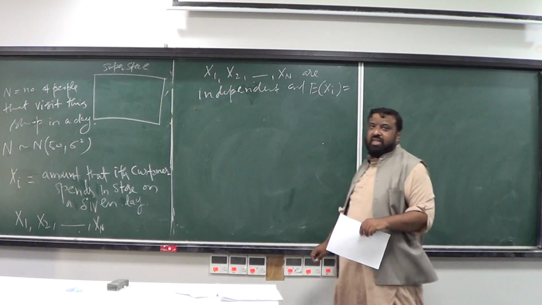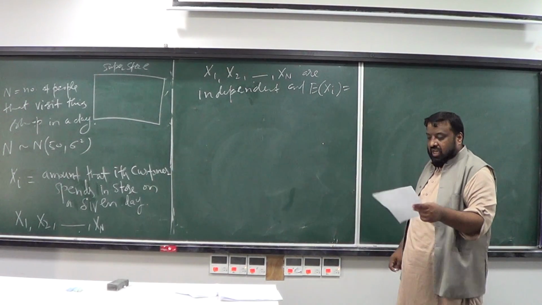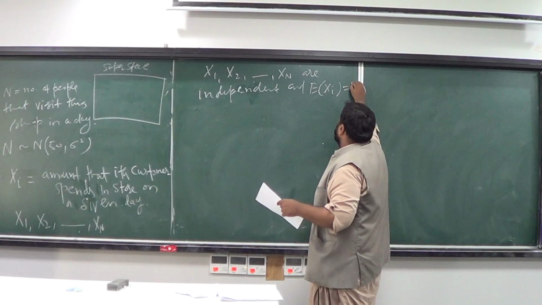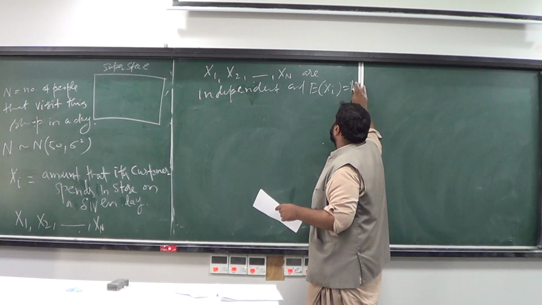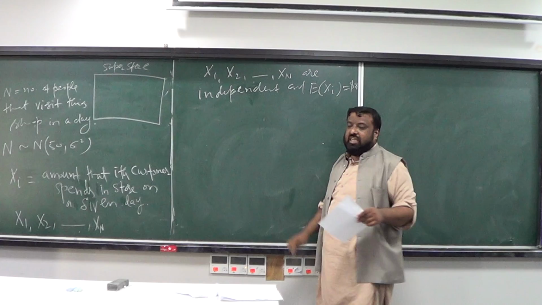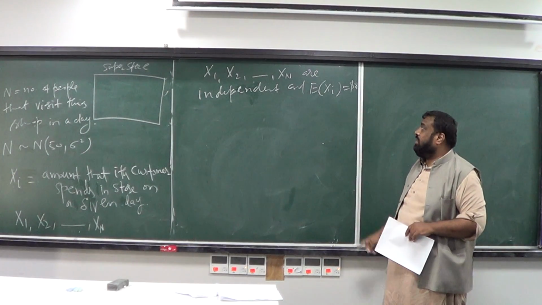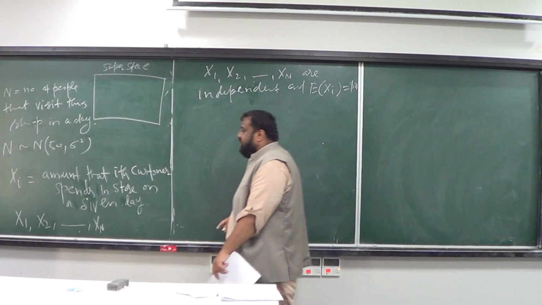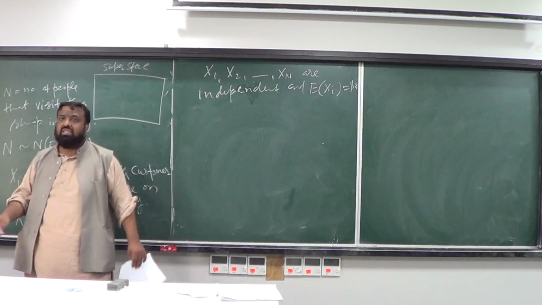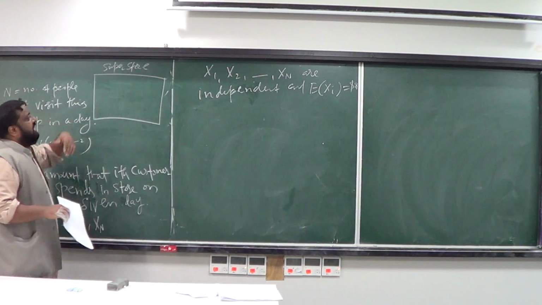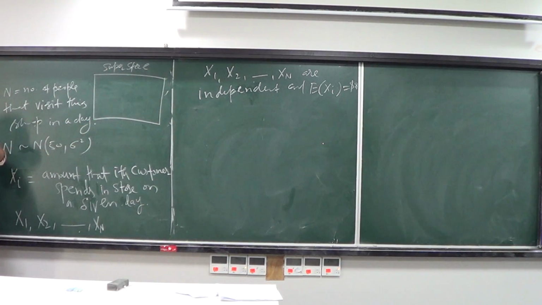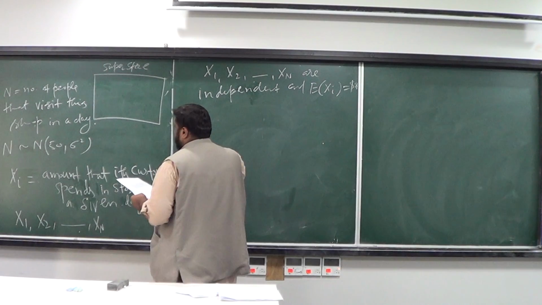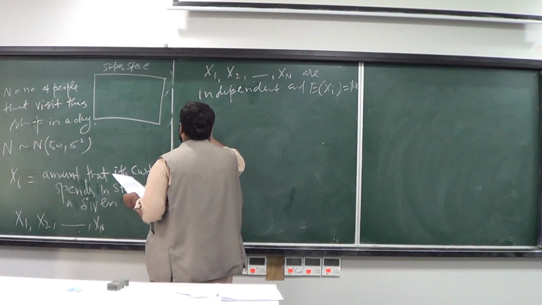Everyone spends some amount, say it's given that $8 on that day. What does this $8 mean? That each customer on average spends $8 in the store when he or she visits the store. This is the given piece of information.